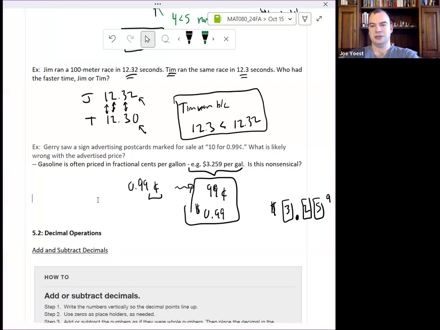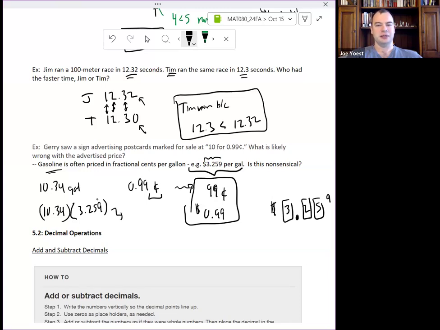Is this just nonsense? Well, because we usually buy more than 1 gallon of gas, if I bought just 1 gallon, they would round up to $3.26, but I usually buy more than that. So if I bought 10.34 gallons and wanted to know my total bill, I would take 10.34 multiplied by 3.259 and get a number with a lot of nasty numbers after the decimal point.